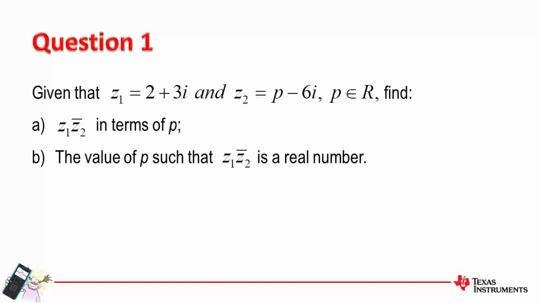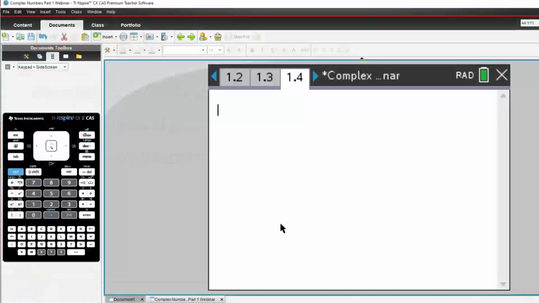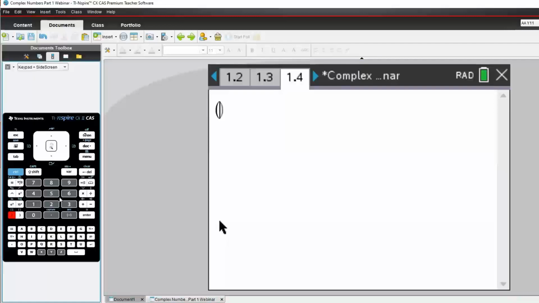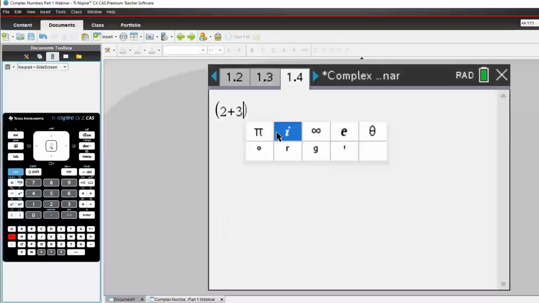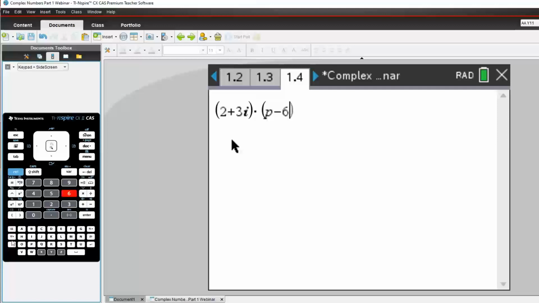This is the question. So I will enter the calculator screen, and I will type 2 plus 3i, and remember that we need to access i by pressing the pi button, and we'll close the bracket, and we multiply it times our second number, where we have p minus 6i, and again we need to get i from here.